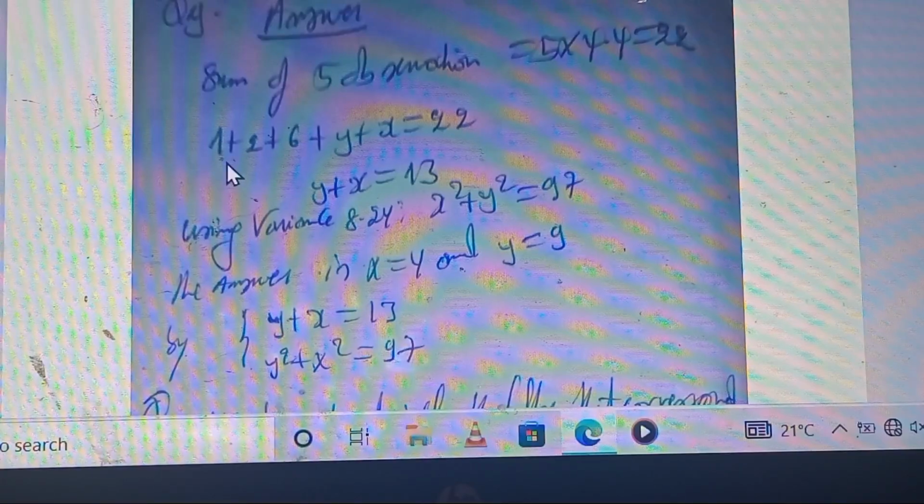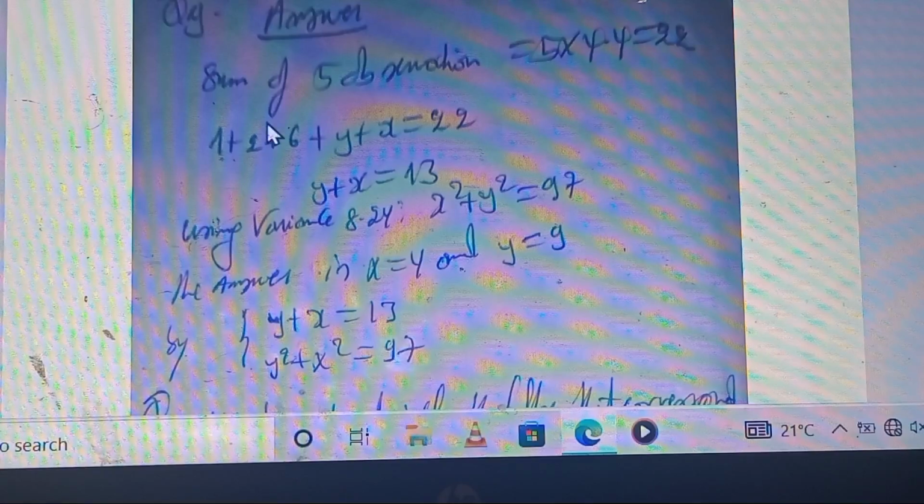Remember, you take the summation of numbers, then over n equals the mean. When you multiply mean times n, you get 22. Means the sum of the numbers is 22.